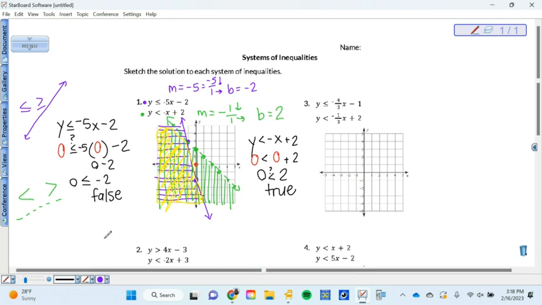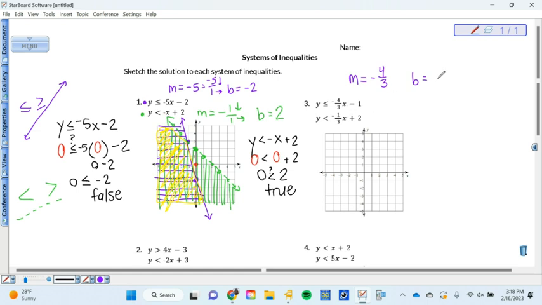So the top equation, slope-intercept form, just got to pull out what's my slope, what's my y-intercept. It's -4 over 3. That's my slope. Number 3. Sorry, I said number 2, didn't I? I meant number 3. My bad.